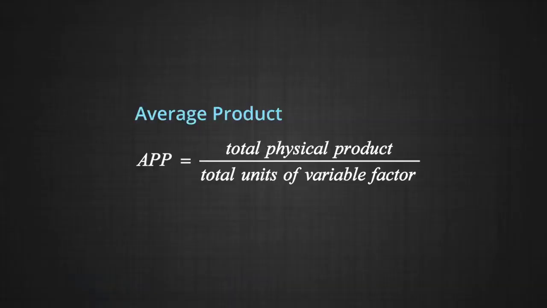Average physical product is the output per unit of a variable factor. It is obtained by dividing the total physical product by the number of units of the variable factor used. If 5 units of a variable factor, say labor, produce 50 socks, then the average product will be equal to 50 divided by 5, and that equals 10 socks.